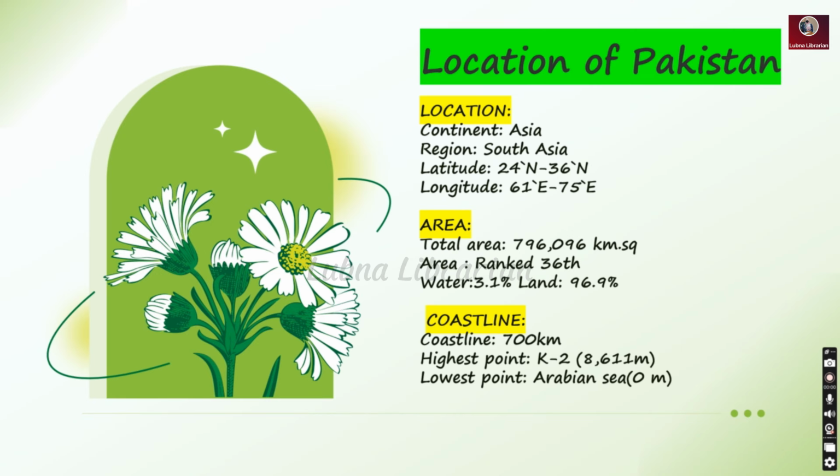Water, 3.1%, land, 96.9%. Coastline, 700 km. Highest point, K2, 8,611 m. Lowest point, Arabian Sea, 0 m.